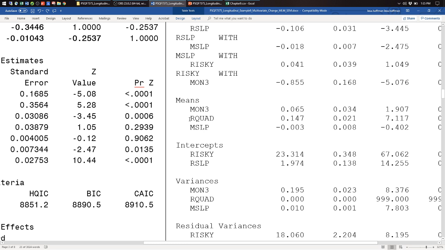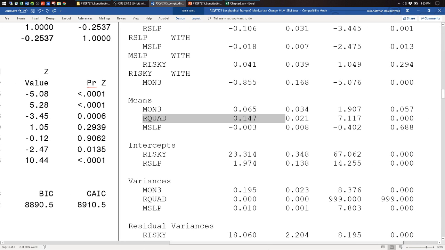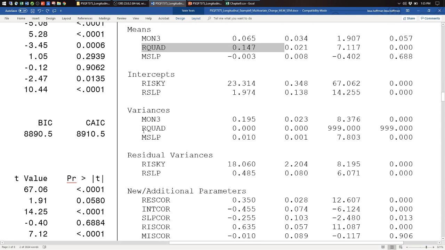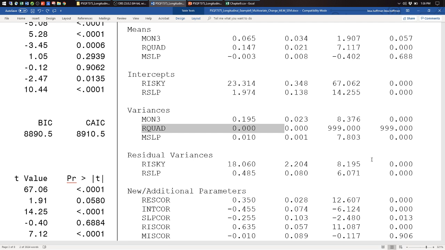Likewise, because we only have a fixed effect of quadratic age on risky behavior that is not predicted by anything, the mean of R quad is the fixed age, quadratic age effect. And it does not have a variance associated with it because we shut it off. So you will see this happen anytime you have a parameter that is fixed to a known value and it's not being estimated.